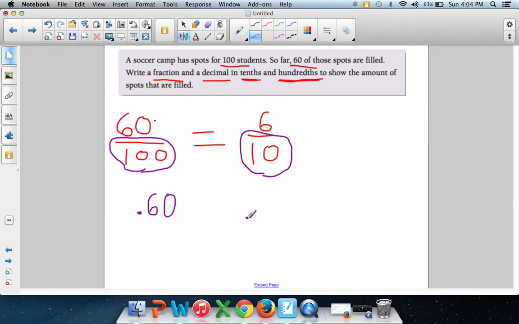So since the decimal is taking the place of the tenth, all you got to write is the 6. And these two things are equal to each other. The fractions are equal to each other, and the decimals are equal to each other. That's the hundredths decimal. That's the tenths decimal.